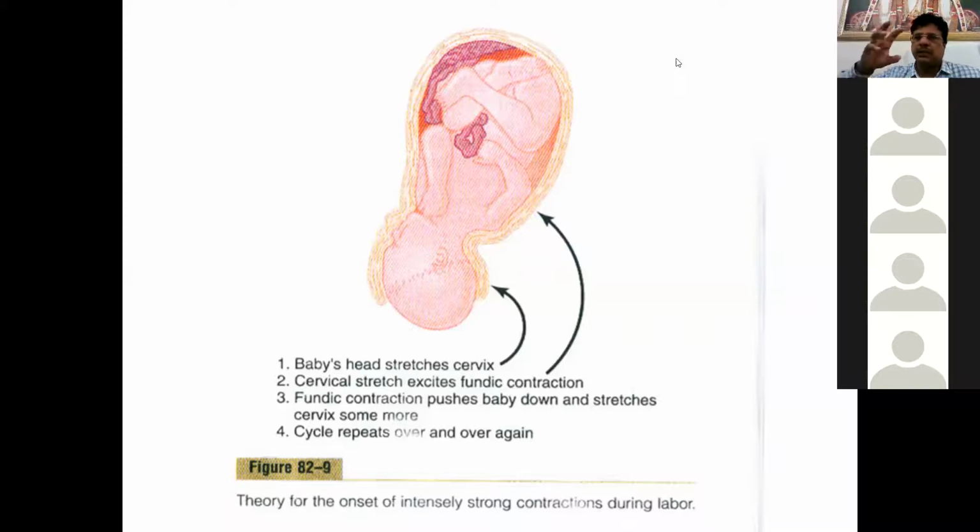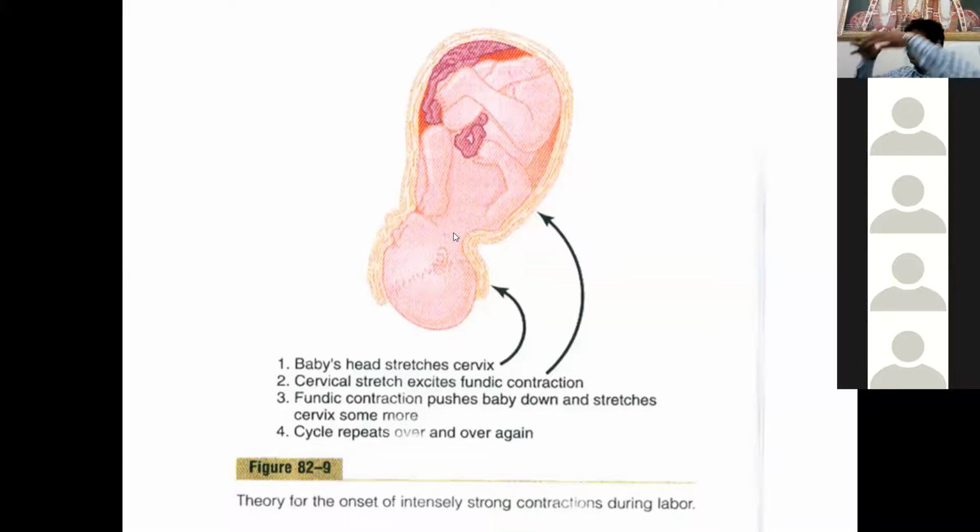The oxytocin travels in the blood and reaches the uterus, where so many receptors are primed, ready, waiting for oxytocin. When oxytocin binds here, it will cause a strong contraction of the fundus, the upper part. When the fundus contracts, it pushes the baby down into the cervix.